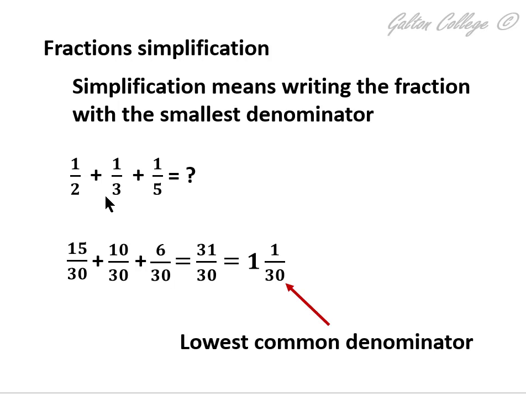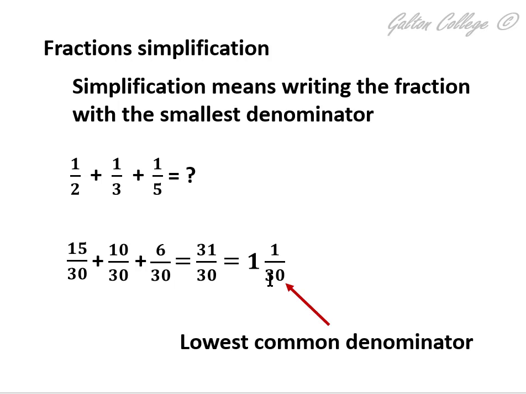If we look at this, 2, 3 and 5. Well, the smallest common denominator here is 30. And that actually is found by saying 2 times 3, 6. 6 times 5 is 30.